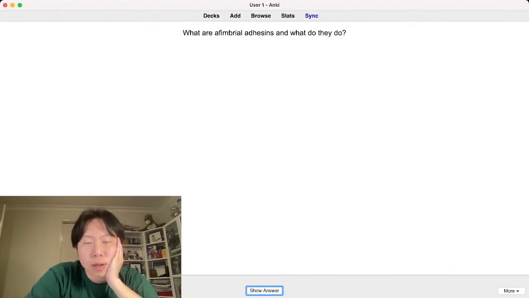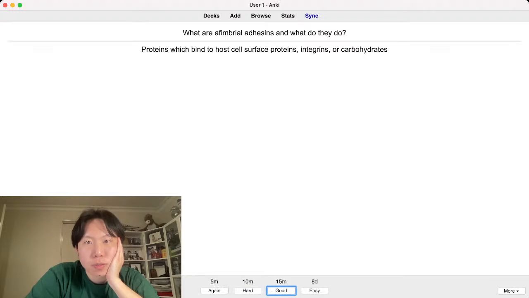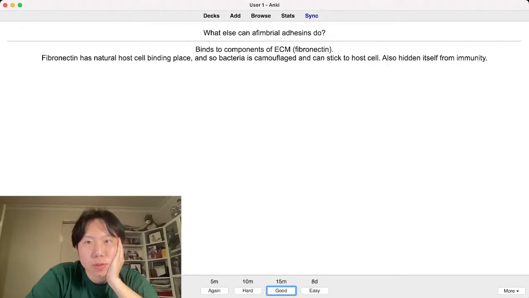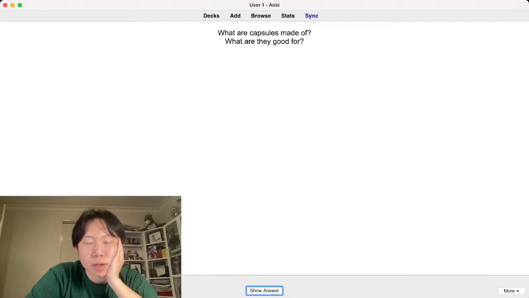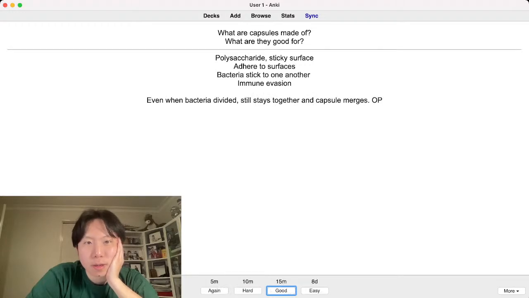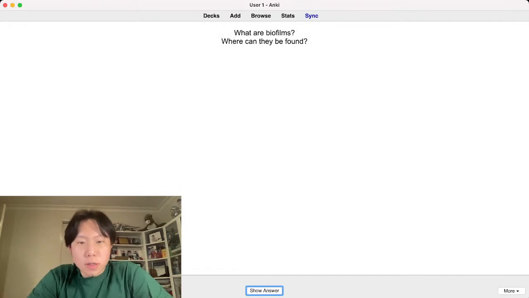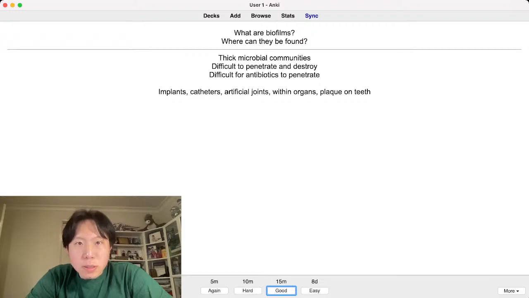Yeah. Afimbrial adhesions are protein. What else can? Fibronectin. What are capsules made of? Polysaccharides. And it's good to fake it, adhere. Biofilms are when a bunch of bacteria stick together and they have a massive capsule.